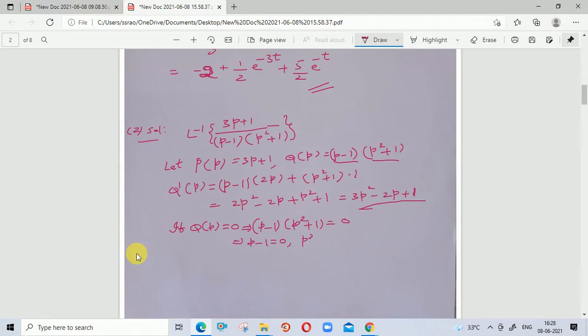That implies p is equal to 1, or p square is equal to minus 1. Here if p square is minus 1, then p is equal to plus or minus i, where i is the imaginary number and i is equal to square root of minus 1. Okay na?